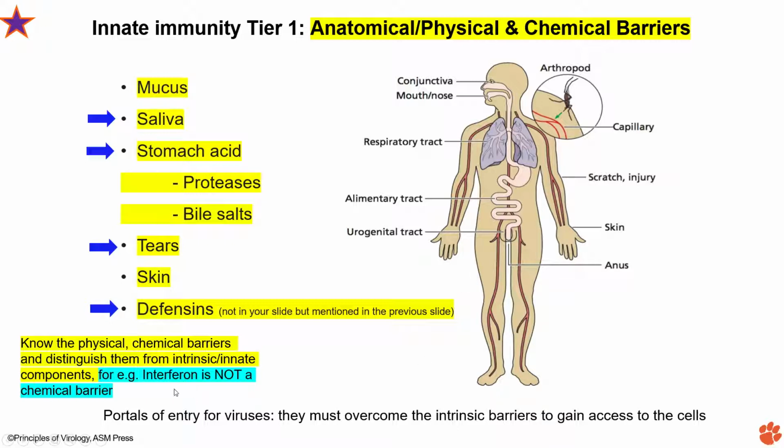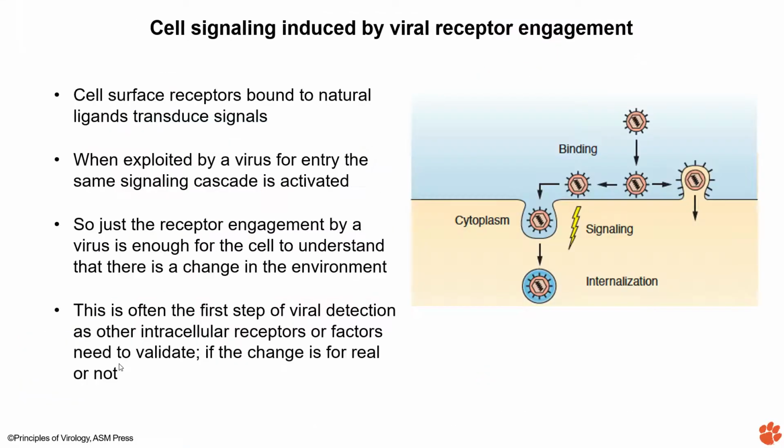The confusion is that sometimes interferon is in there, and you may choose all of them because you think that interferon is a chemical, but just remember that it is a chemical produced upon viral infection. It is not a barrier. It is not there to degrade the virus during the entry.